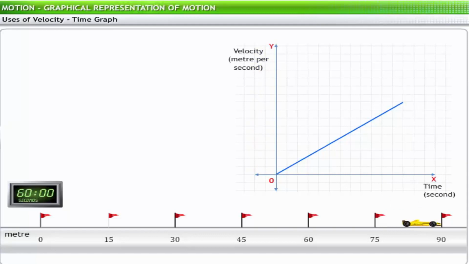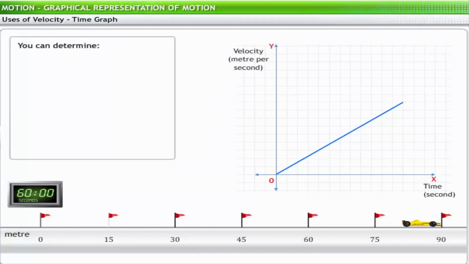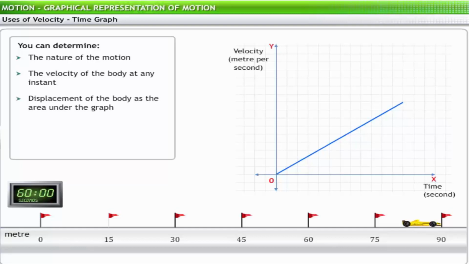Using a velocity-time graph, you can determine the nature of the motion, the velocity of the body at any instant, displacement of the body as the area under the graph, the instantaneous acceleration, and the equations of motion along a straight line.